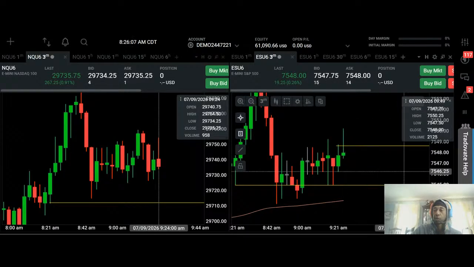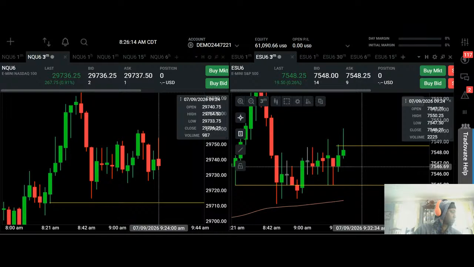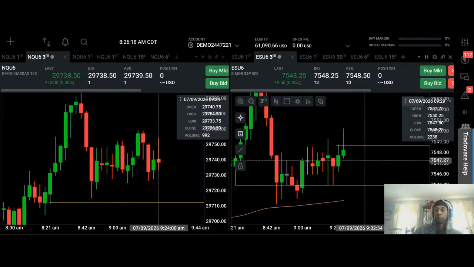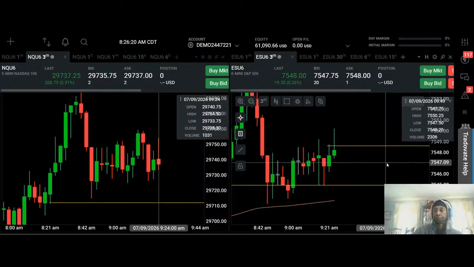Maybe it'll range until market open. That's what I would do if I was those people. I'd range until market opens. Like I say, that's a 3-minute candle.